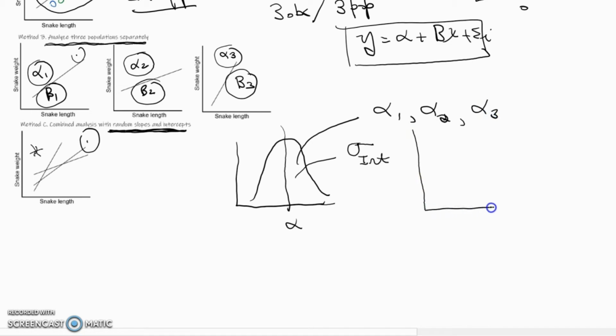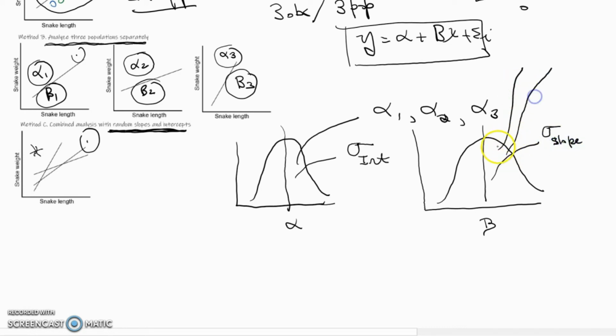And then I'm going to have another distribution of slopes, that's normally distributed with mean beta, some estimate of variability that I'm going to refer to as sigma slope, and from that I will draw 3 values of beta: beta 1, beta 2, and beta 3.